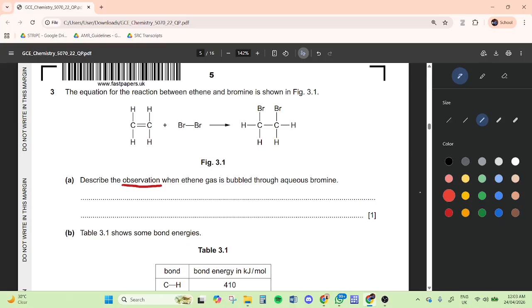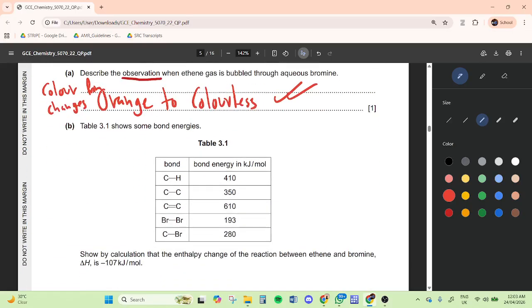So you're going to say that you see it go from orange to colorless. So over here, you can write color changes from orange to colorless. So that's one mark, very easy.